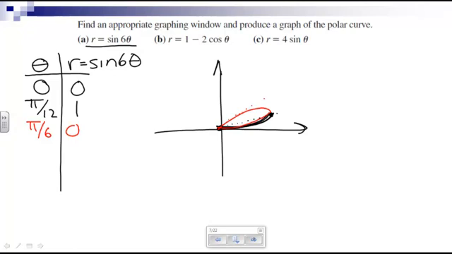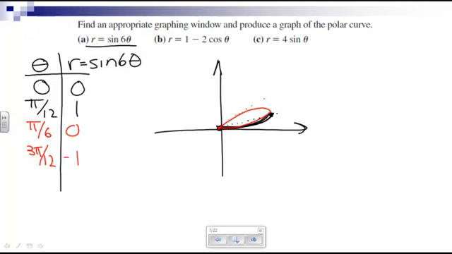Okay? And I'm just going to do a couple more of these. I want to do 3 pi over 12, which would be sine of 3 pi over 2, which is negative 1.